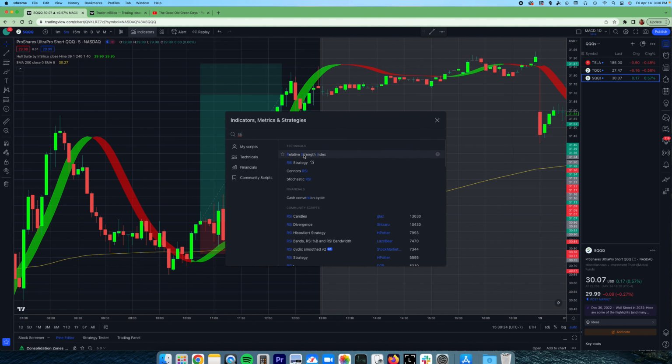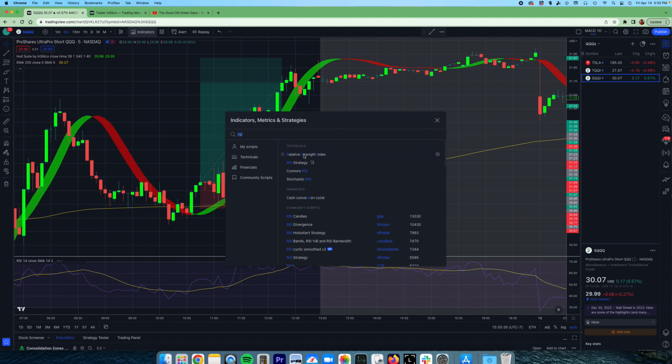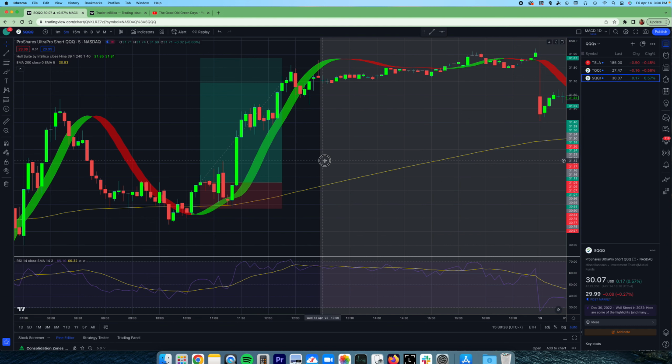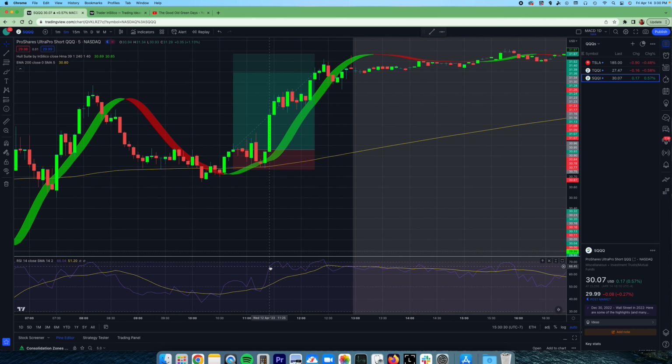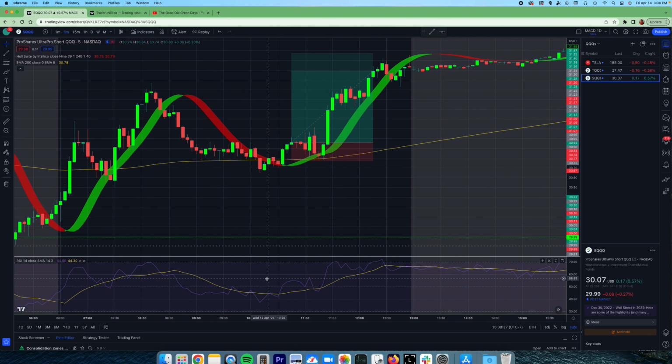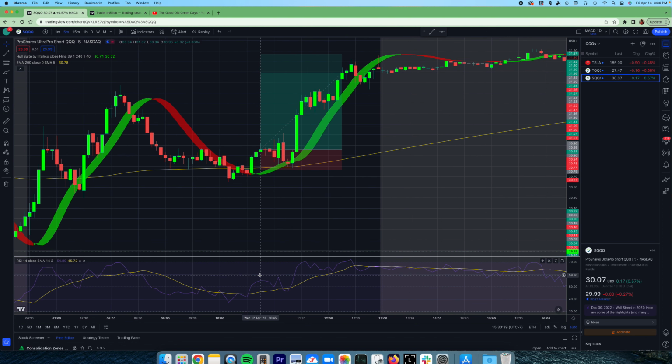So the RSI is the first one, and I make sure that the RSI when I enter is not above 75, which is pretty high. If it's above 75, it's like super overbought.